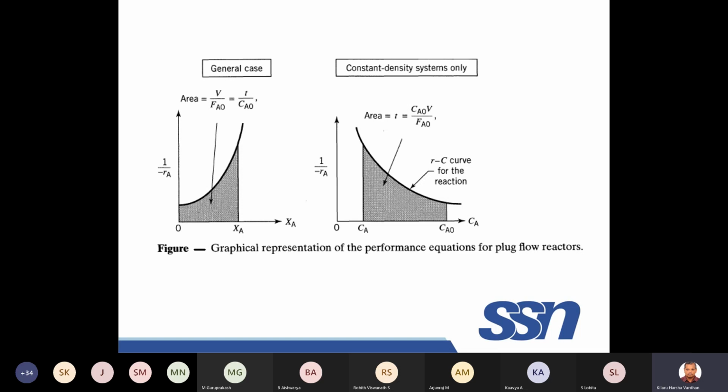Now, if you want to compare both, where is the volume of the reactor high, can anyone tell? Because if this is going to be a CSTR, then the area of this entire thing is for CSTR, MFR.